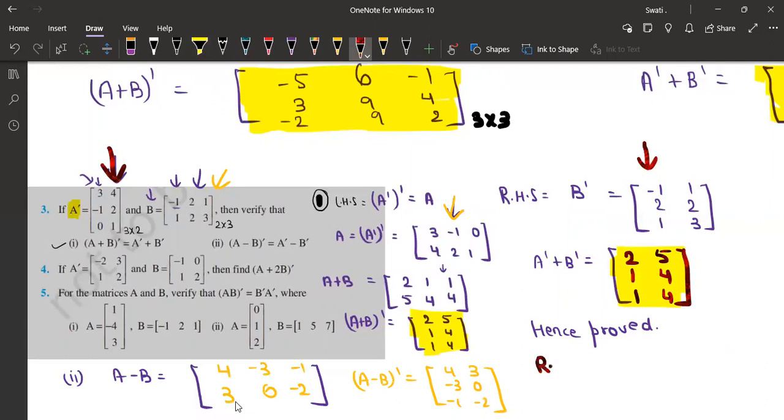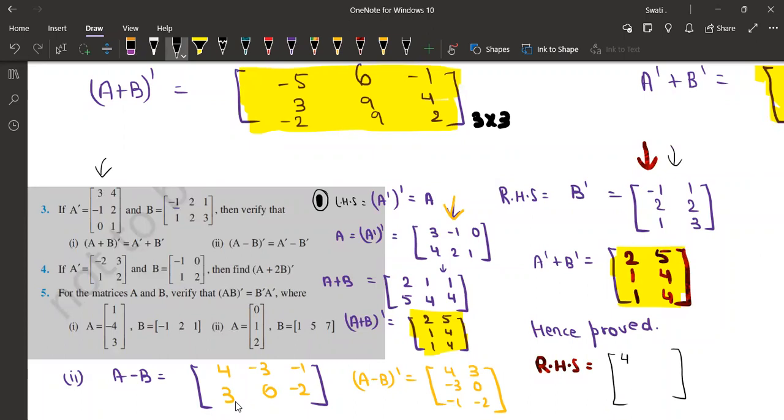So for RHS, you can see we have A transpose minus B transpose. A transpose we already have, which is here. Let me raise these arrows so that you can understand. So you can see that A transpose is here already and B transpose we have found here. We simply have to find out A transpose minus B transpose. So let's do that. 3 minus minus 1, that is 4.